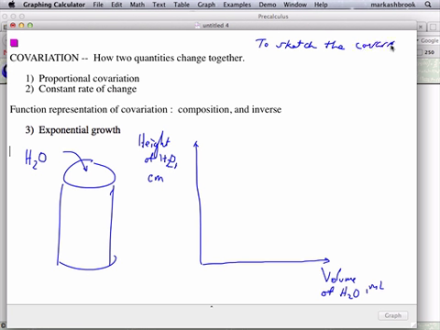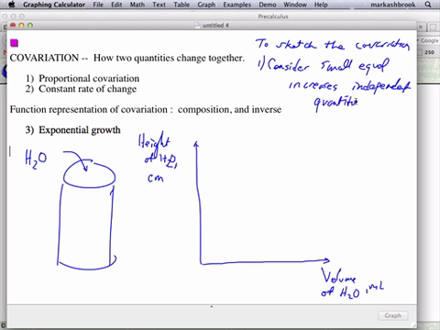To sketch the covariation, the first thing we're going to do is consider small, equal increases in the independent quantity, and that's usually what we graph as x.